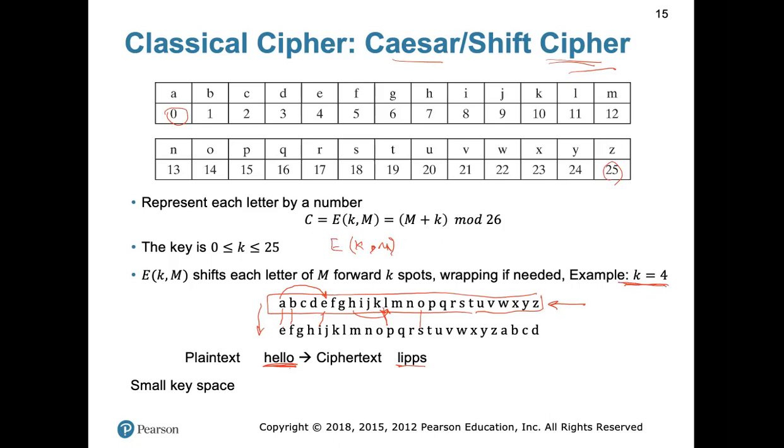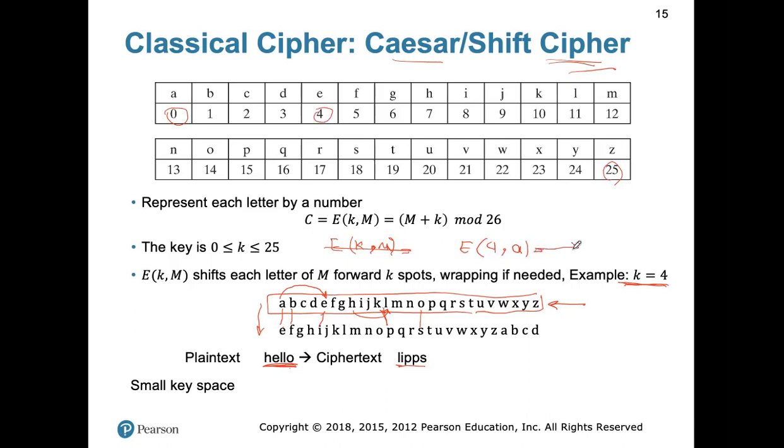For example, if we want to encrypt E of 4 and letter A, it looks at the index of A. A is 0, add 4 to that, which makes it 4, jumps to cell 4, and returns that letter.